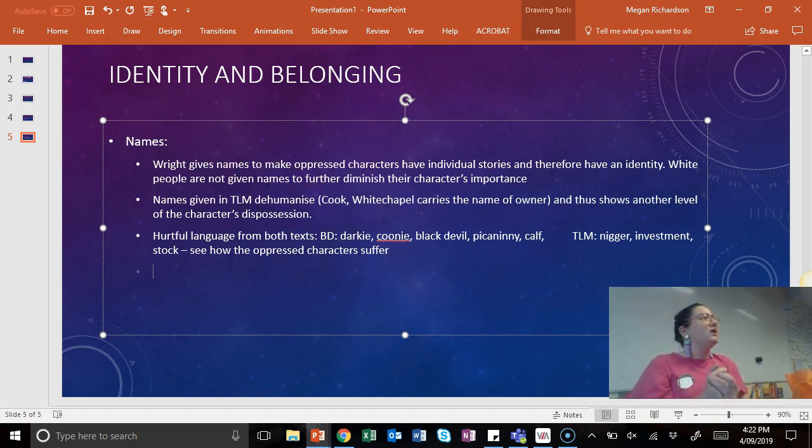Anything else with names? The other thing you were saying about names: they're given white names. So when they fit in. As in, Whitechapel is a white person's name.